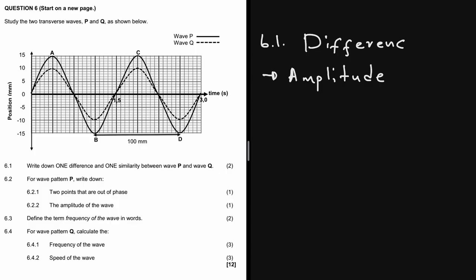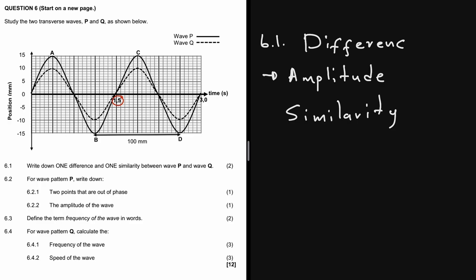The question also said we must write down the similarities in these two waves. So what is similar in the two waves? Remember, we have what we call a period. Both waves have the same period of 1.5. A period is just the time to complete one wave.